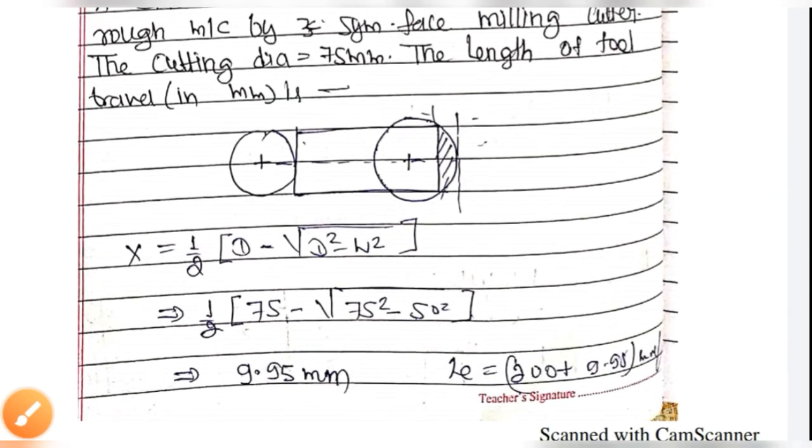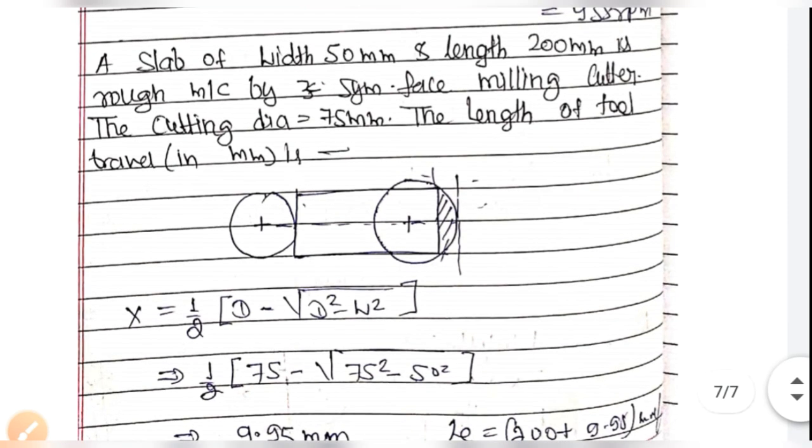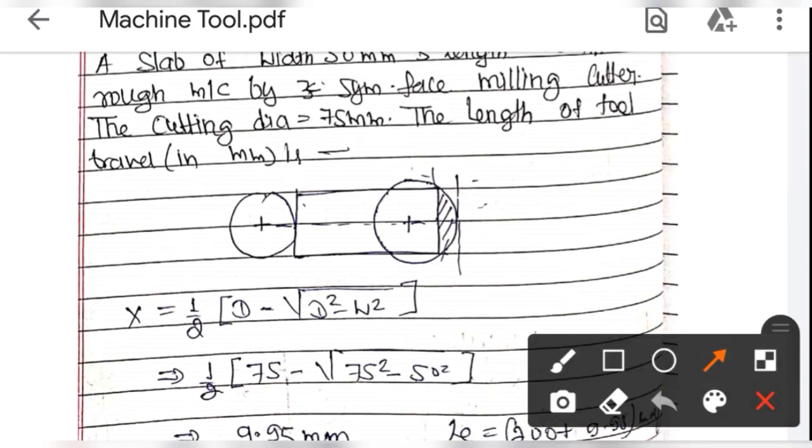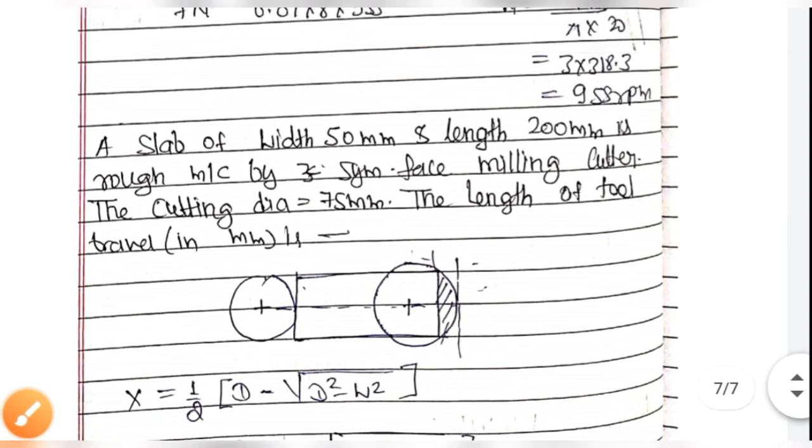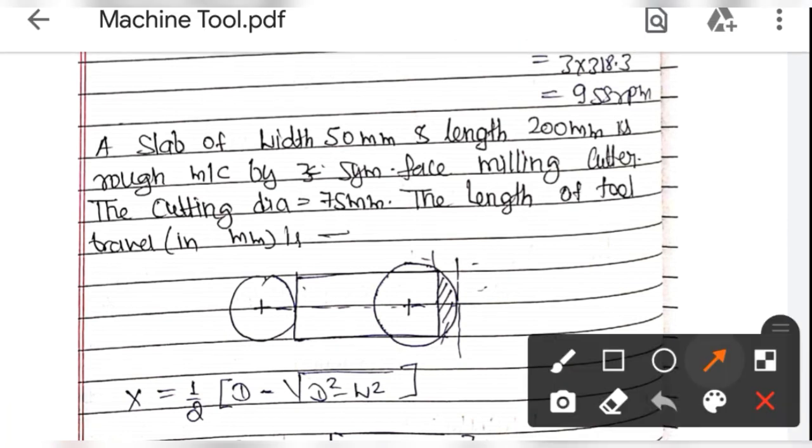One more question. A slab of width 50 mm and length 200 mm is rough machined by a symmetric face milling cutter. The cutter diameter is 75 mm. We need to find the length of tool travel, that is, the length the tool has to move.